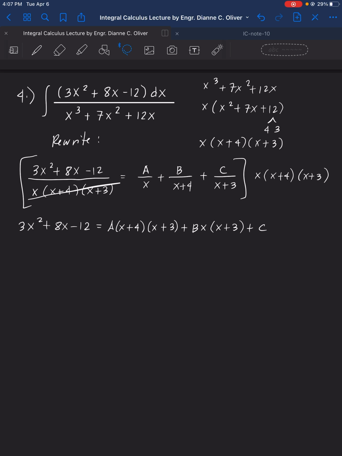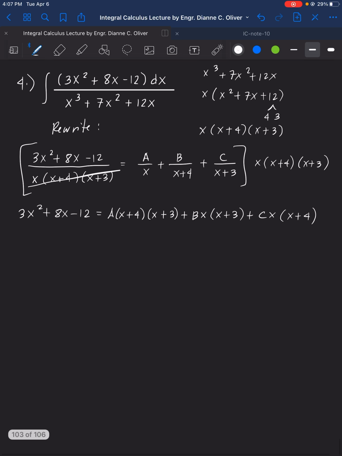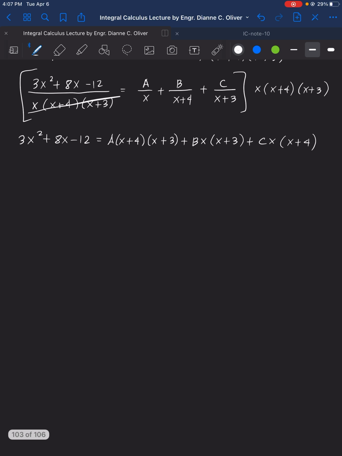Now we have here c. For c, multiply this with the third term, then cancel out x plus 3. So what's left will be cx and then x plus 4. Okay, so it's kind of long, but it's actually fun to solve. Now to remove the b and c and only have a, what will we substitute for x?